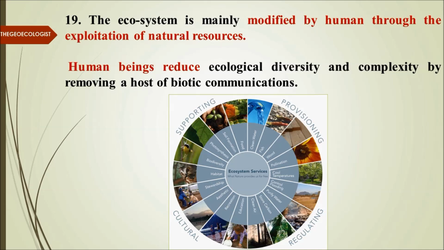The natural way it is evolving and diversifying, human beings are responsible for the reduction in that, and it also leads to complexity when we remove certain species. Because of the ecosystem services that we proudly say we are supporting, remember, one way or the other, we are trying to consume nature. We are trying to not let it work the way it is naturally supposed to. We are hindering that process.